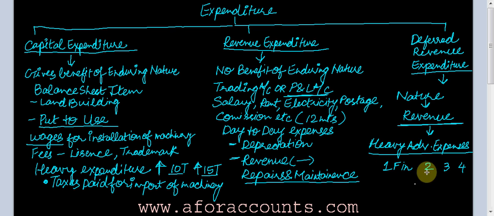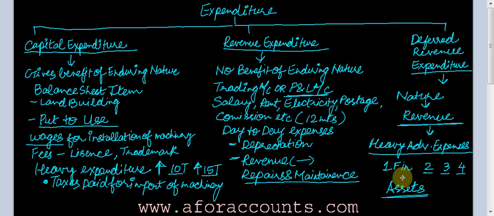So, I cannot debit all the total expenses to my P&L because the benefit is received in the coming years also. So what do I do? I decide a portion of it which I debit to the P&L, and the rest of the amount, for which I will keep receiving benefit, will be my asset, and I will put it in the assets column of the balance sheet.